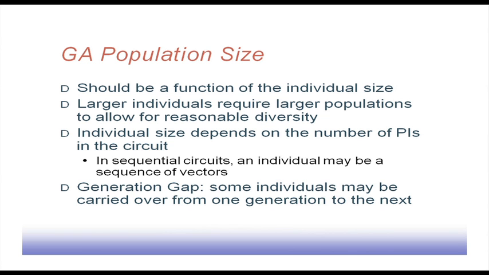So what is desirable is, if some individuals are really good, they may be directly copied to the next generation. They do not go through the crossover mutation channel, they directly get copied onto the next generation. This creates a generation gap in the evolution process, but that may have to be encouraged.